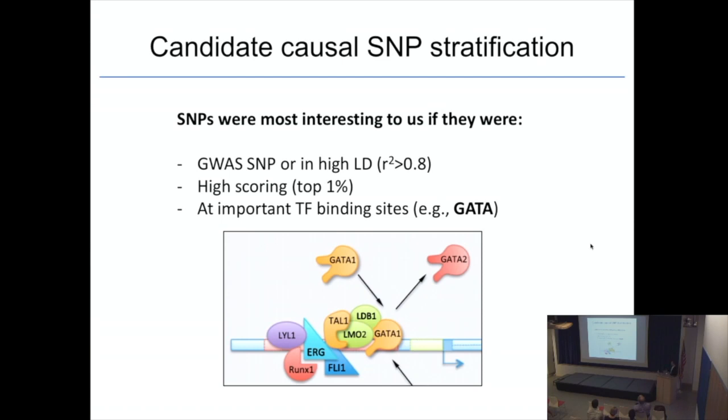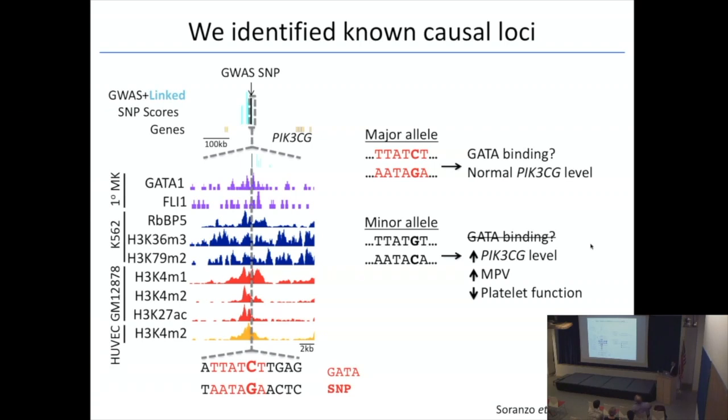So let's go to sites where our score makes a strong prediction, where 1 or more of those variants are tightly linked to SNPs that score highly, and that there is a transcription factor that is directly disrupted by one of those variants of interest. So again, like GATA. So this would give us a really clear biological hypothesis we could go and test at the bench if such a site existed. And I wouldn't be telling you this if it didn't turn out to be the case that there were at least 1 or 2 of those such sites.